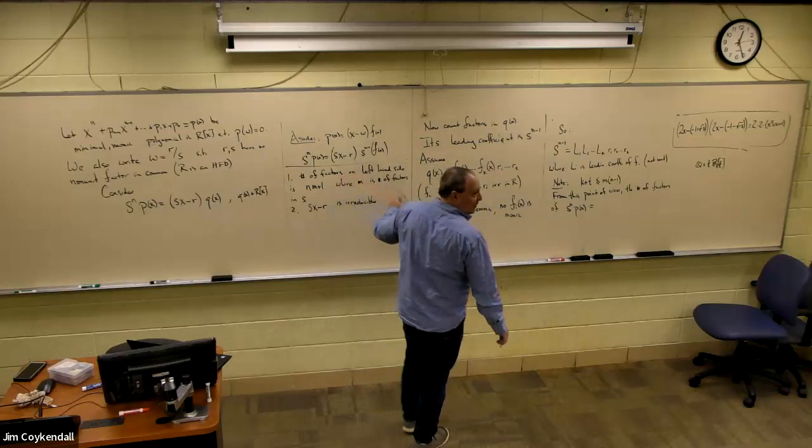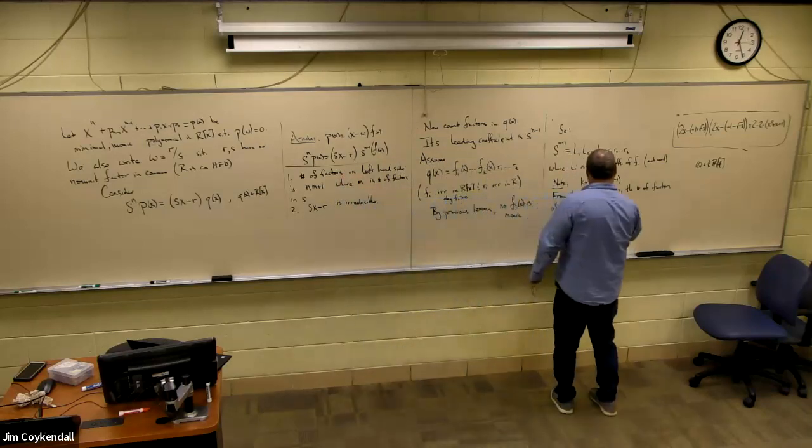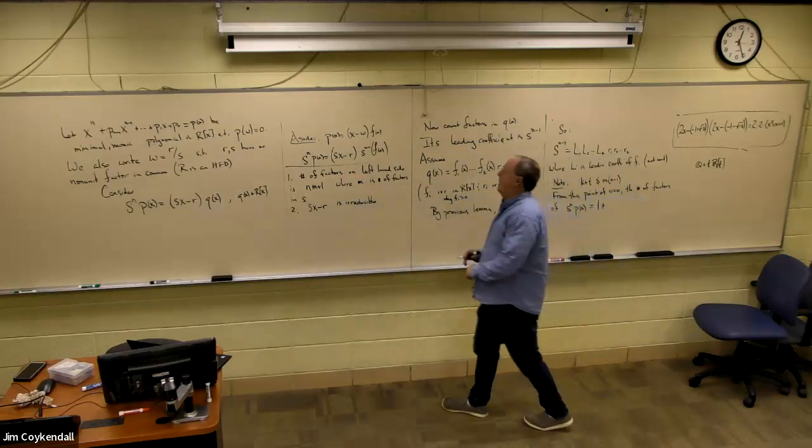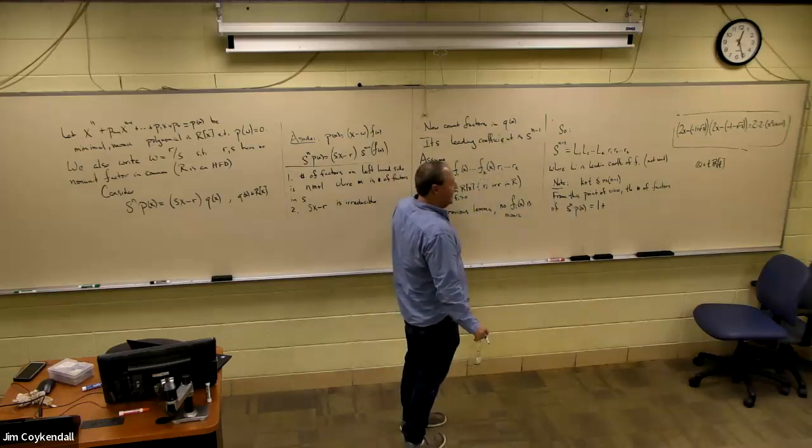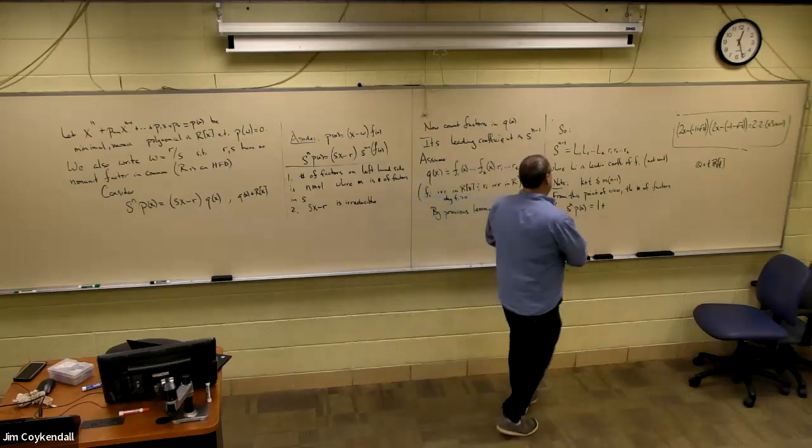It should be 1 for the Sx minus r. And then it should be the number of irreducible factors of Q of x, which is k plus t.